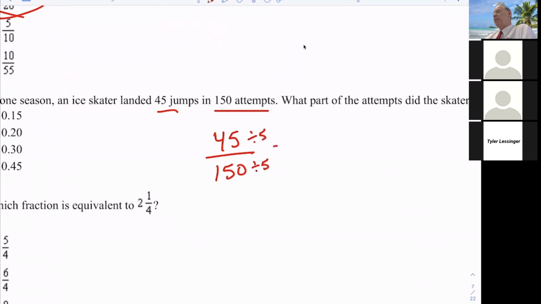What's 45 divided by 5? 9. What's 150 divided by 5? 30. Can I reduce that? By what? 3. So that reduces down to what?